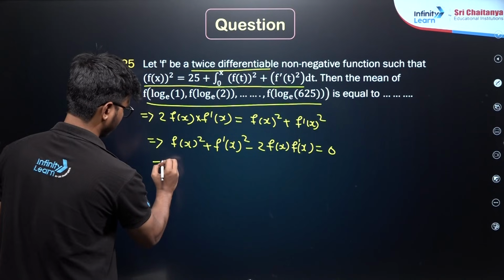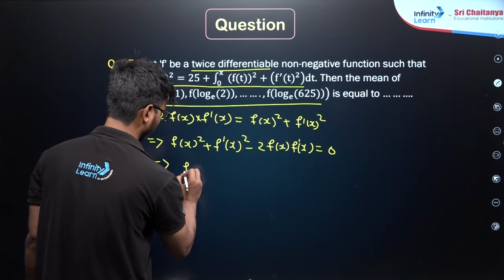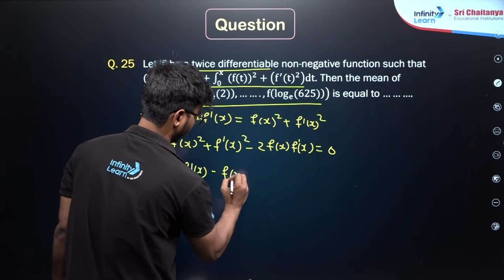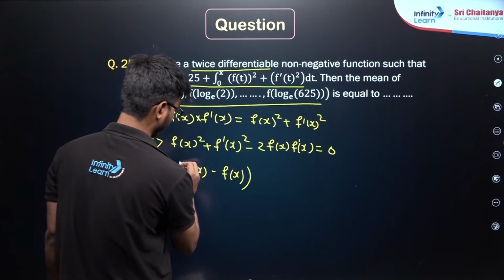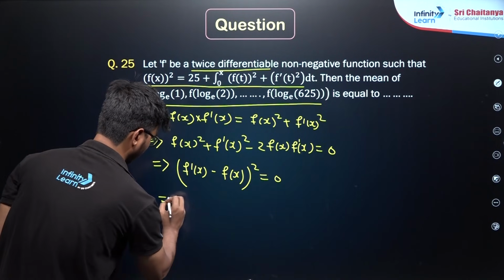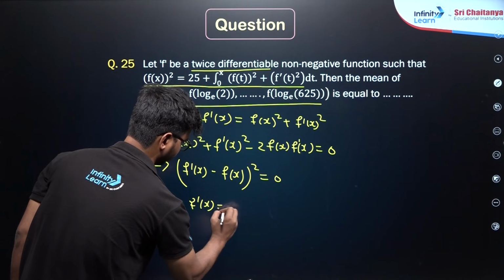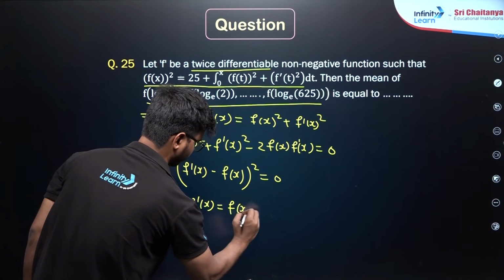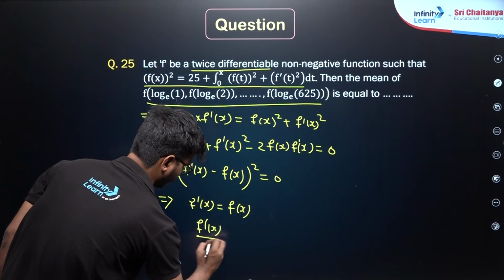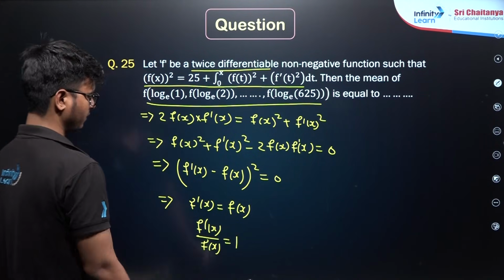Again, we can write this in the whole square form, so I am writing f dash of x minus f of x the whole square equals 0. From here I can write f dash x equals f of x, and that is nothing but f dash of x upon f of x equals 1, correct?